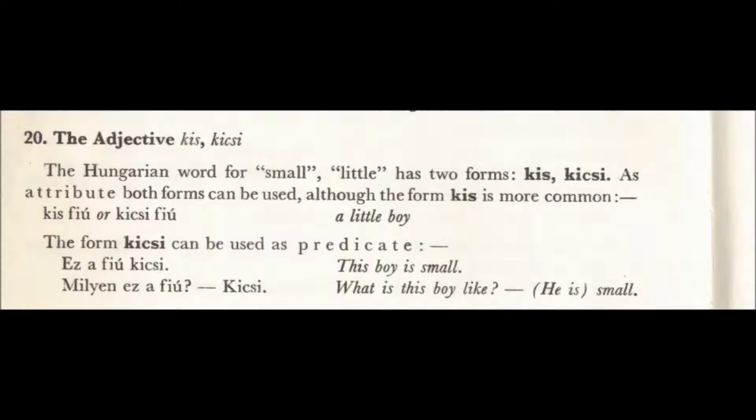They do not explain the difference between kis and kicsi here, but in English you could always change the word order. It would be, what is this boy like? Milyen ez a fiú? Kicsi, he is small. Ez a fiú kicsi, the boy is small. No, I don't understand exactly the difference between kis and kicsi, reading this explanation.